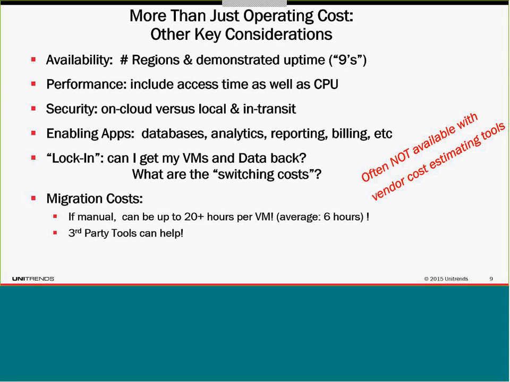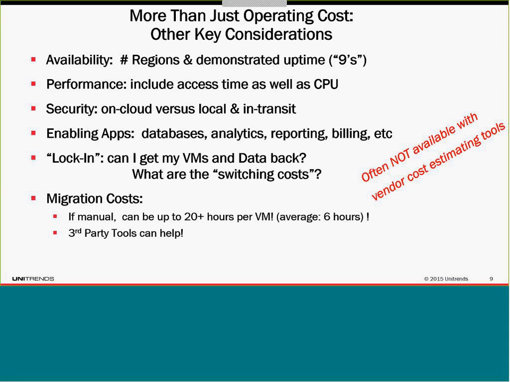And then migration costs. If you're actually migrating a VM manually, it can take up to 20 hours per VM. At the AWS re:Invent conference a couple of weeks ago, I heard one of the presenters give a live, actual customer example of 470, I believe, VMs that were migrated at an average of 5.6 hours per VM, and the migration cost was over $550,000.